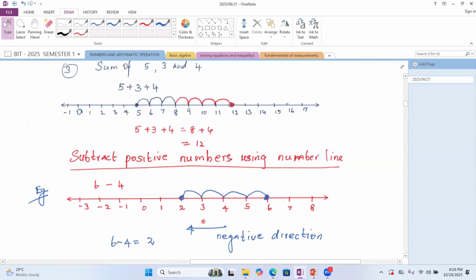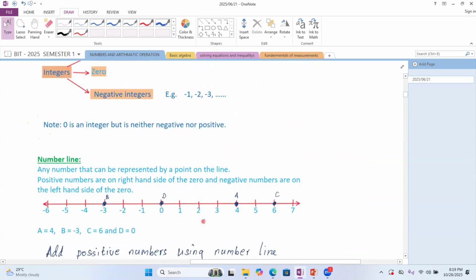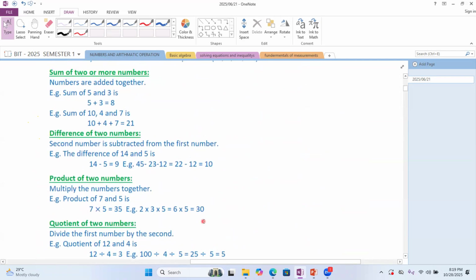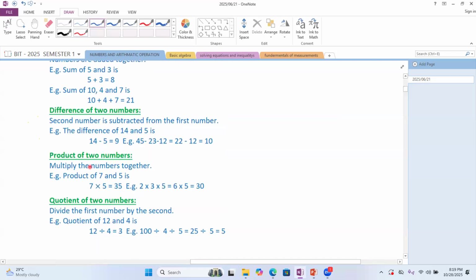We should know the difference of two numbers. The difference of two numbers, 14 and 5, then we write, subtract the second number from the first. The second number is 5. Subtract the second number from the first.